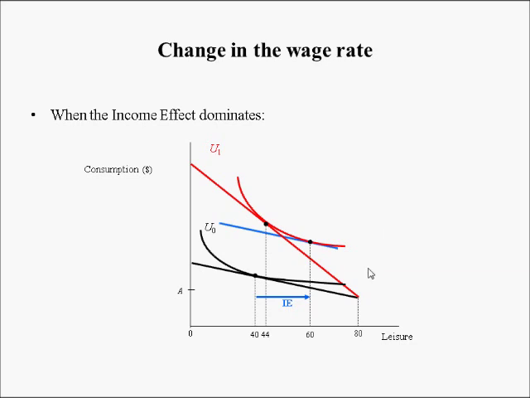So the way you think about the income effect is, if you want the worker to be indifferent between an increase in the wage and just being given an allowance, the amount of money the person has to be given is this height, from this point down to that point.